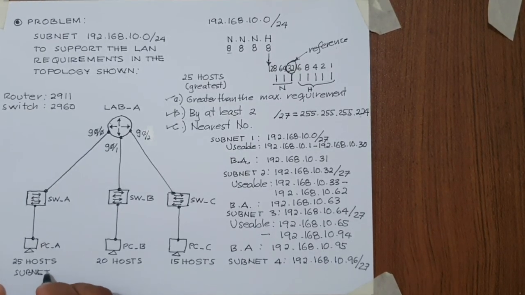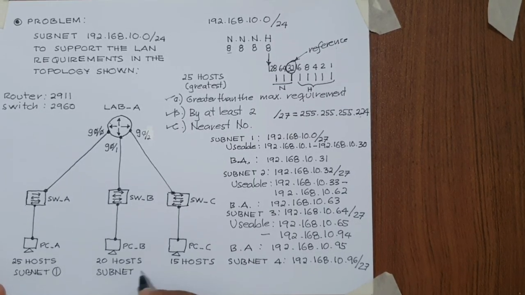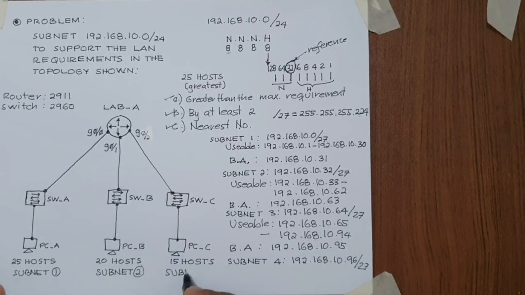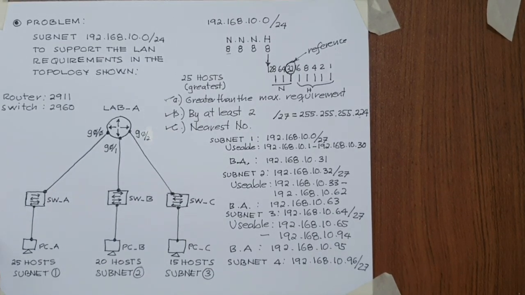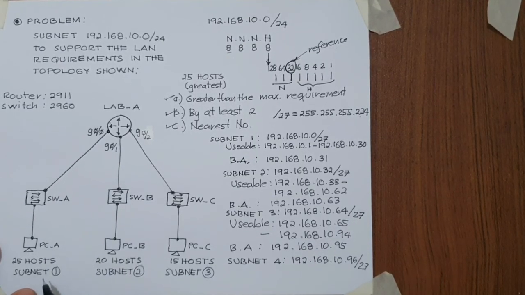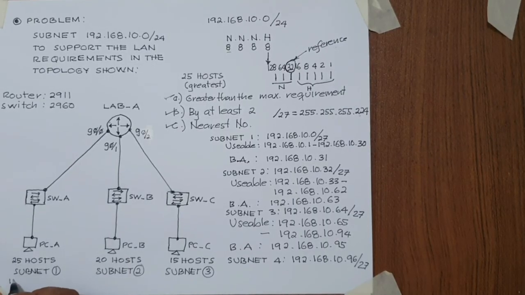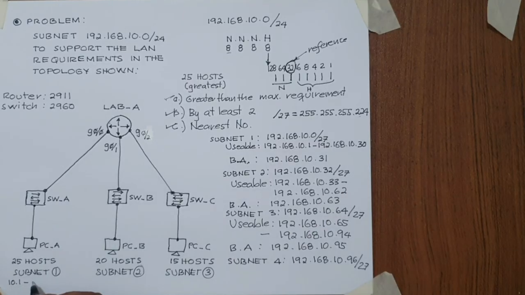for this LAN. We will use subnet 2 for this LAN, and we will use subnet 3 for this local area network. Okay, so how do we configure? Now we know that the usable here starts from 10.1 there to 10.30.